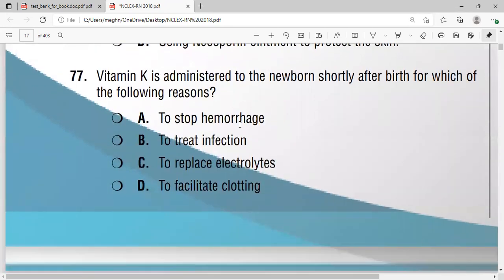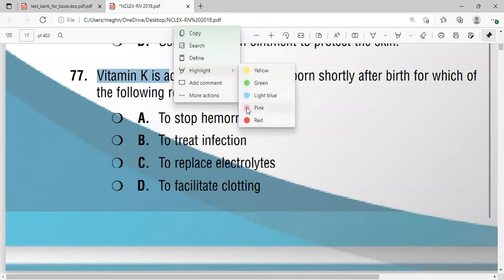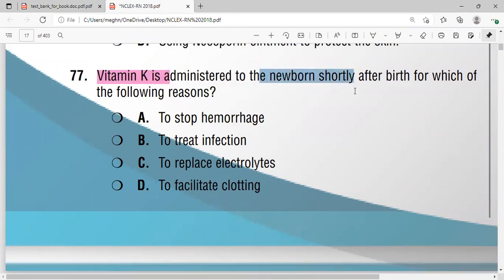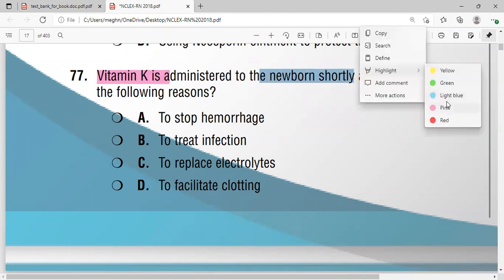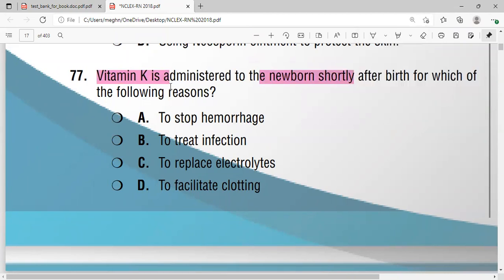Next here, vitamin K is administered to the newborn shortly after birth. For which of the following reasons?